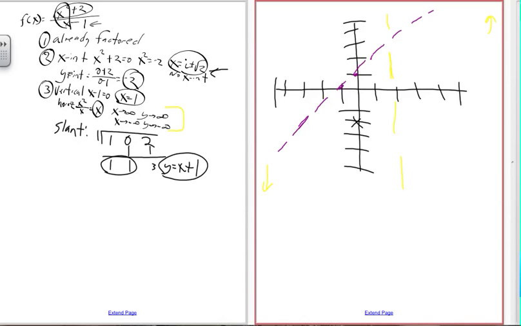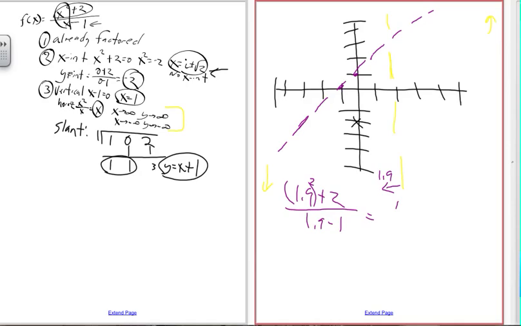So now the last thing we need to do then is to deal with behavior around this thing. So let's come over slightly to the left of 2, and let's deal with a test point of 1.9. So I put that into my original, which will be 1.9 squared plus 2 over 1.9 minus 1.